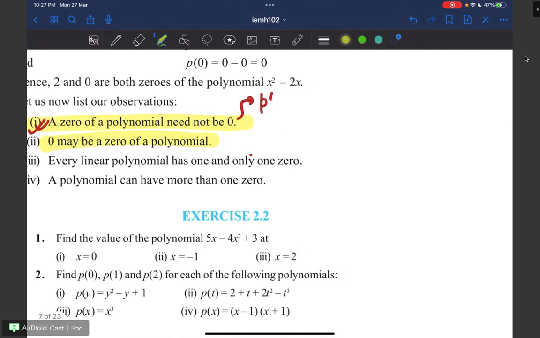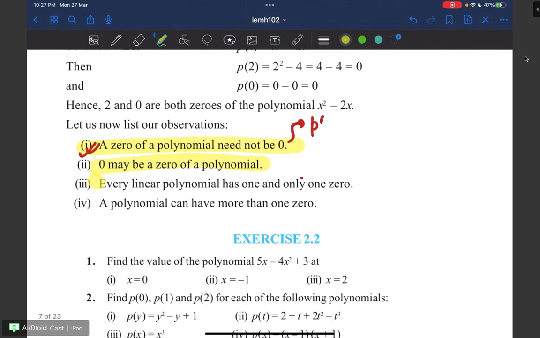Alright. Next, every linear polynomial has one and only one zero. I have given several examples related to this. A linear polynomial has how many zeros? A linear polynomial has only one zero. Next, a polynomial can have more than one zero.